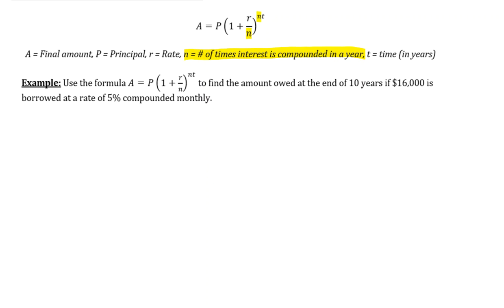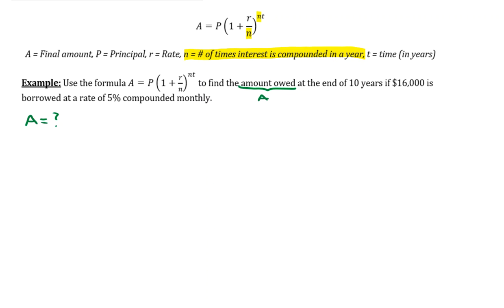So let's get started. Let's figure out what we know and what we don't know. It says find the amount owed, so that would be speaking to the variable A. Make a little laundry list here. A equals, well, I don't know. That's actually what we're in the interest of finding here, no pun intended.